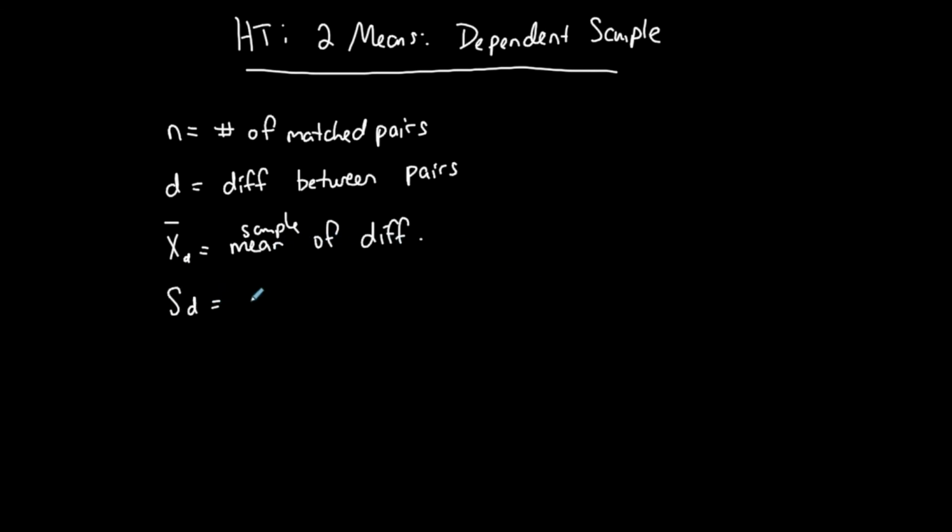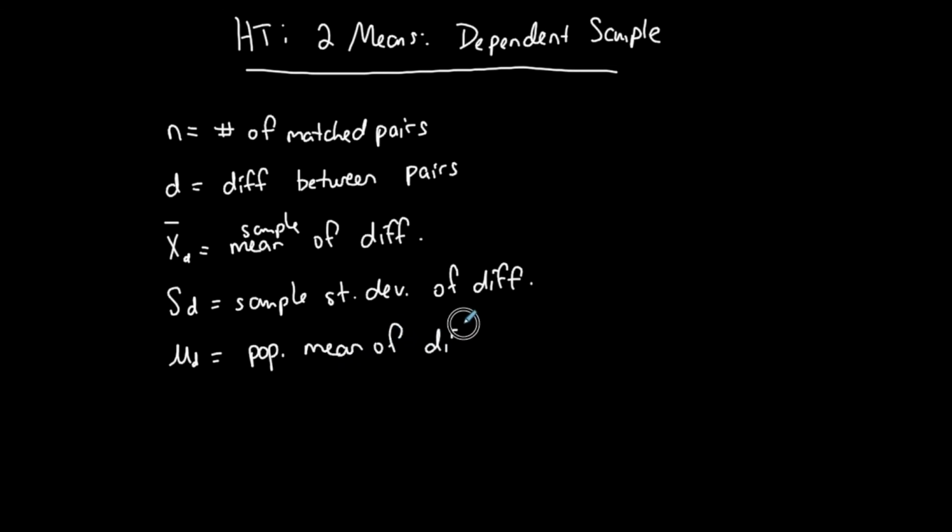S subscript D is the sample standard deviation of the differences, or the standard deviation of the differences for the sample. Mu subscript D is the population mean of the differences, or the mean of the differences for the population.